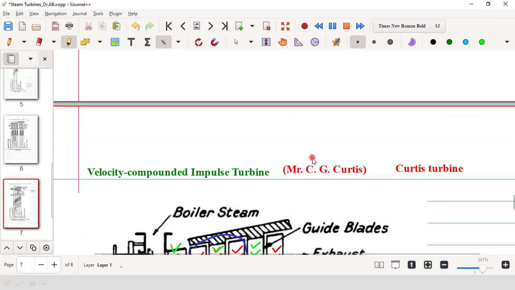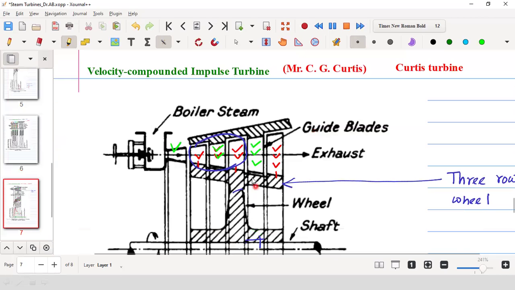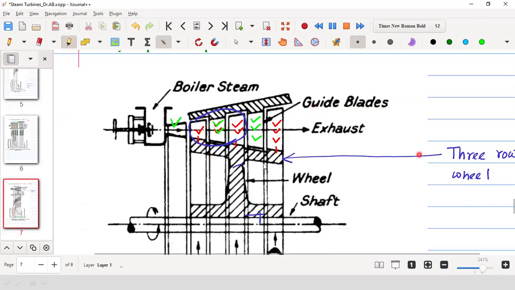Next, we have the velocity compounded impulse turbine, where you have a 3-row wheel or a 2-row wheel. That means you have a single wheel on which three rows of blades are there, so it is called a three row wheel. If there are two rows of moving blades, it will be called a two row wheel. This is the nozzle, and in between the moving blades, there will be guide blades.